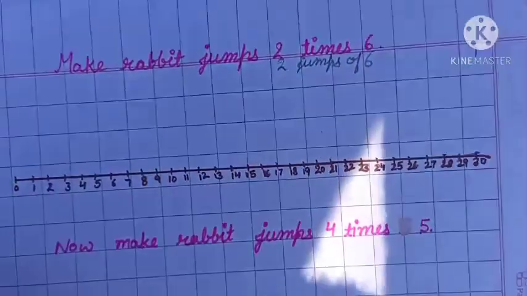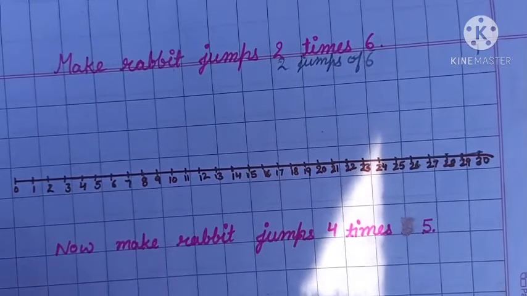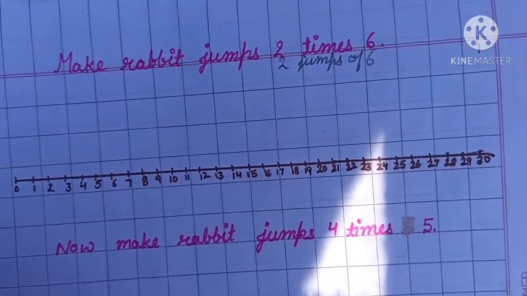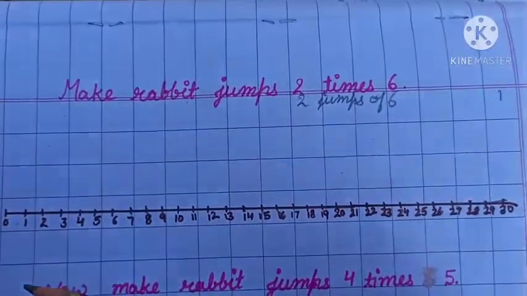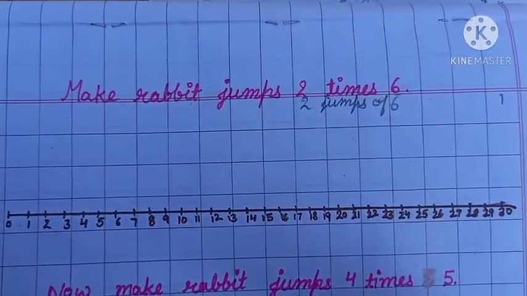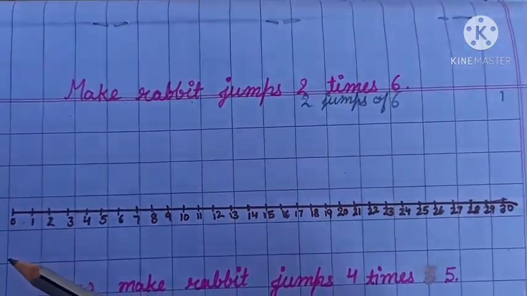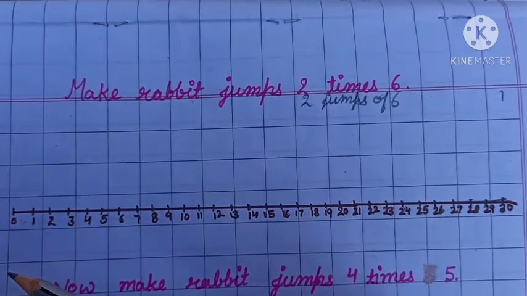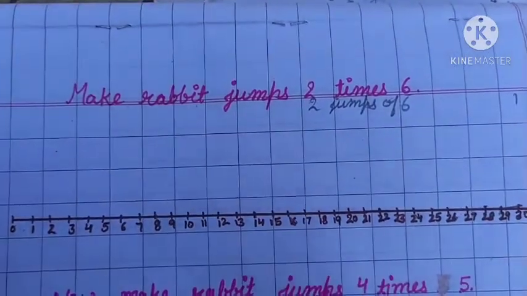That is, the step or gap of each jump will be 6. From where do I have to start? Yes, from 0 with jumps of 6. That is, I move 6 steps ahead in each jump.